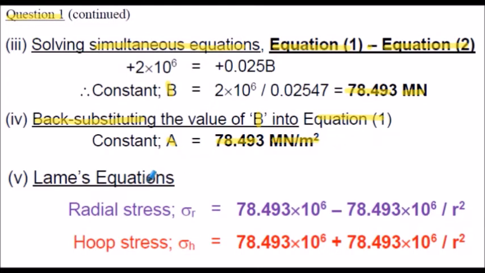So now we have Lame's equations. The radial stress equation, sigma r, would be the A value minus the B value divided by the radius squared. In this particular case, we're interested in the hoop stress. So our hoop stress equation, sigma h, is equal to the A value plus the B value divided by r squared. That's the hoop stress equation we're now going to use.